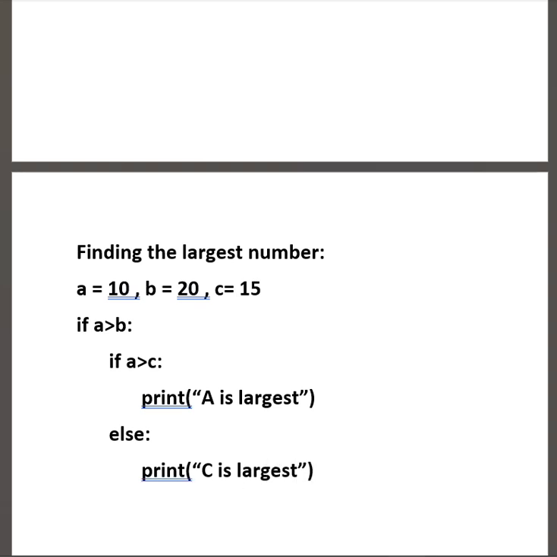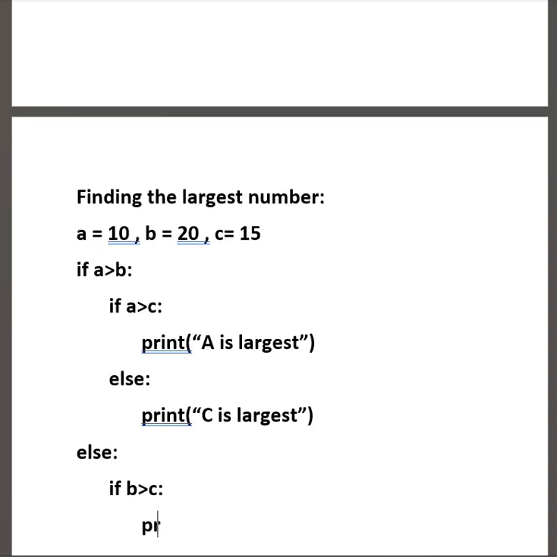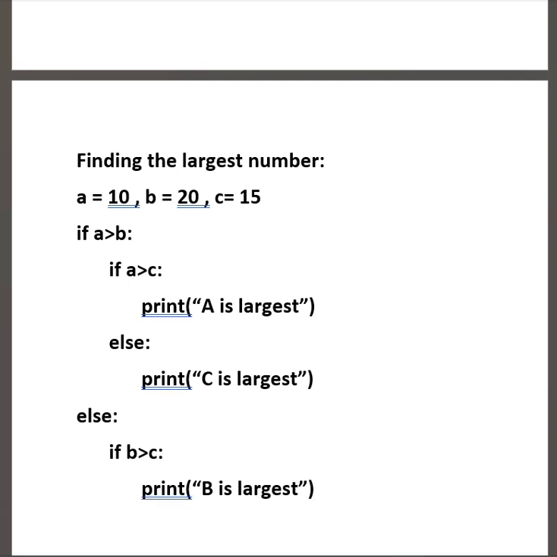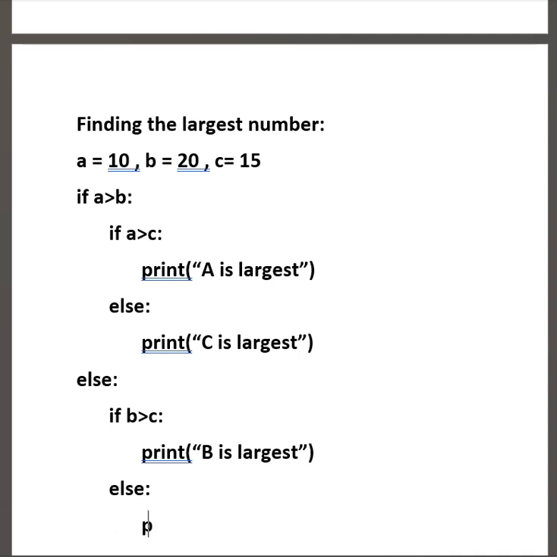In the outer else, what will we write? Else if B is greater than C, print B is largest. Else print C is largest.